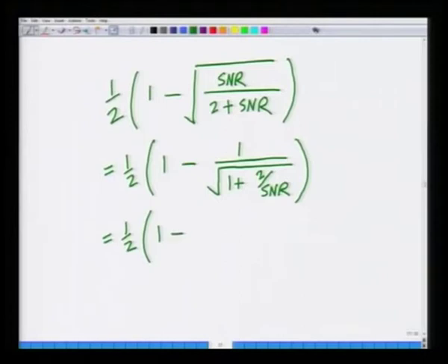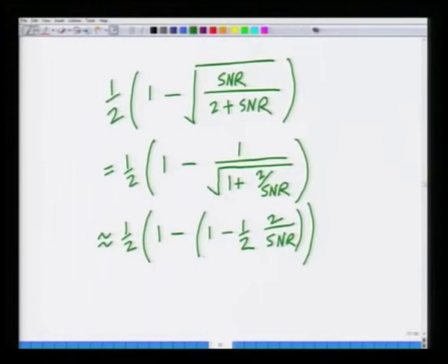So, this is approximately equal to half into 1 minus half into 2 over SNR, and that is simply equal to 1 over 2 SNR.